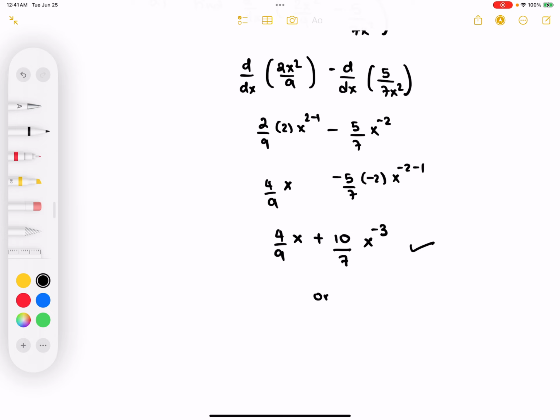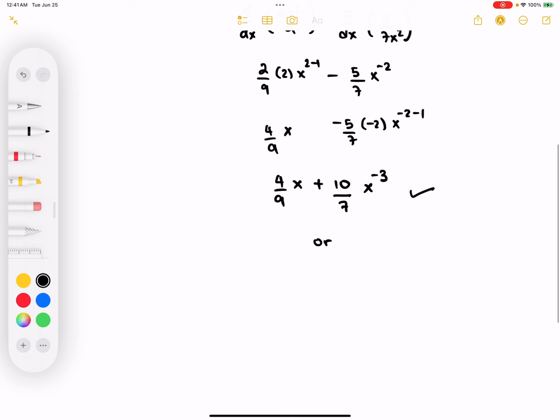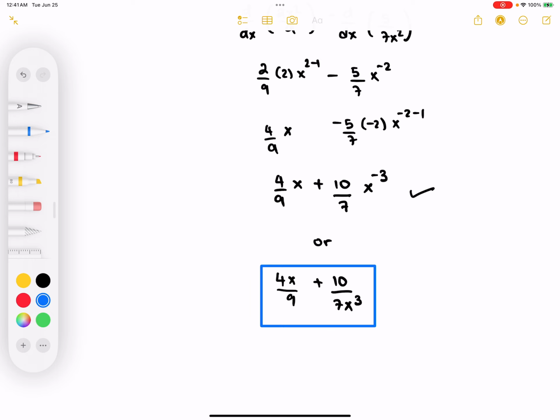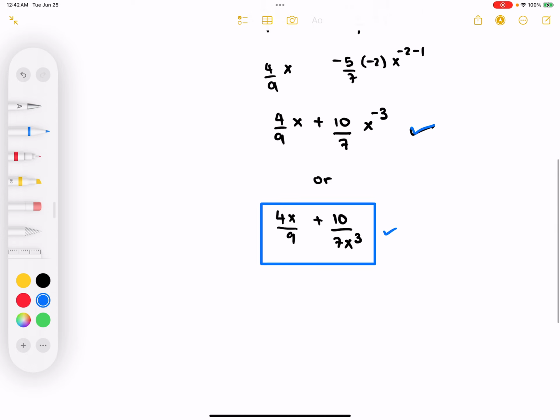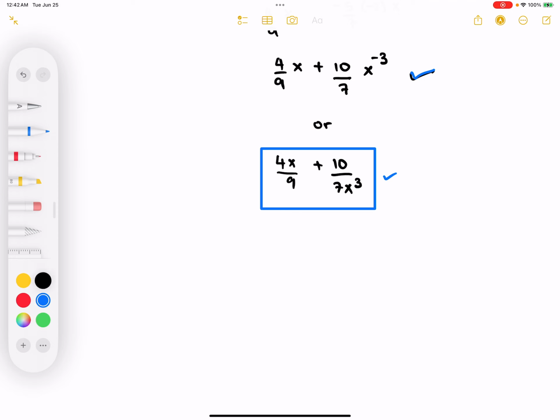Or in positive exponent form, you can write this one as 4x over 9 plus 10 over 7x cubed. So both are the answer for the derivative, but make sure this one is a negative exponent, this one is a positive exponent. So this is one example of the sum or difference rule.